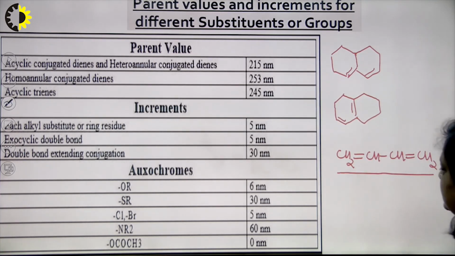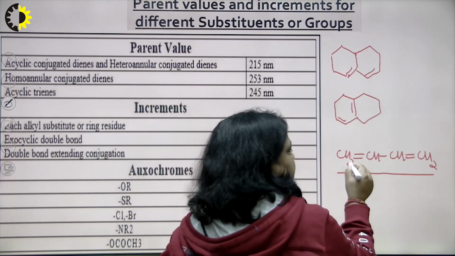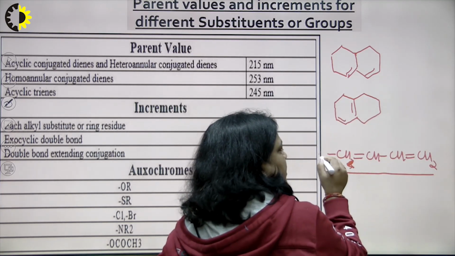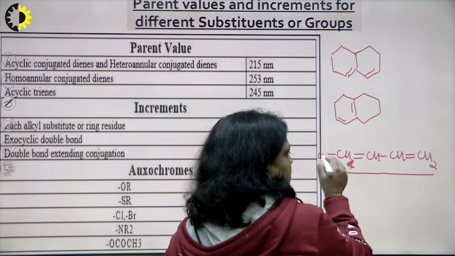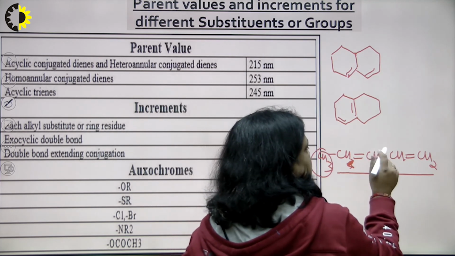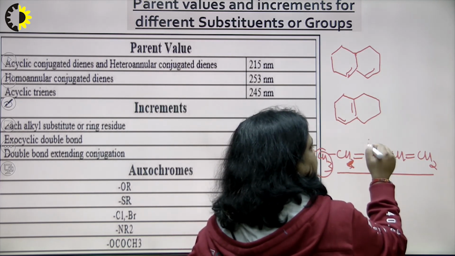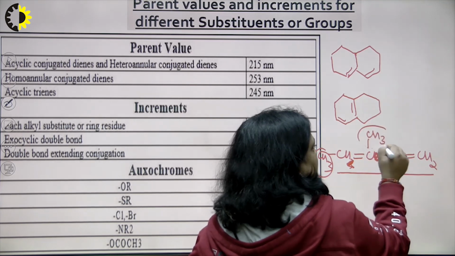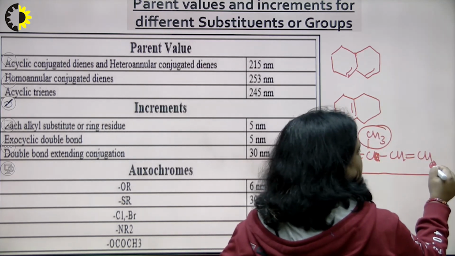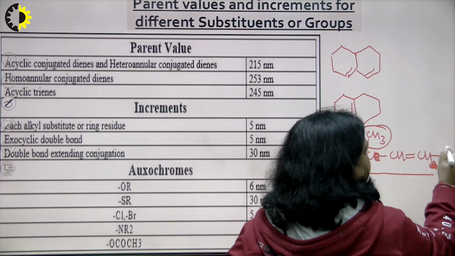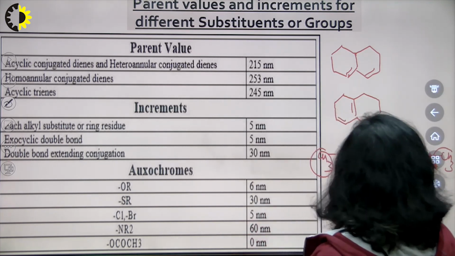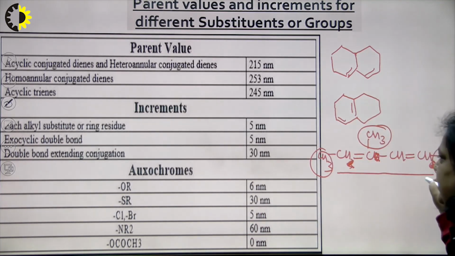But suppose here three methyl groups are attached like this: 1, and suppose 2, and suppose here 3. Suppose we want to calculate the lambda max of this compound.